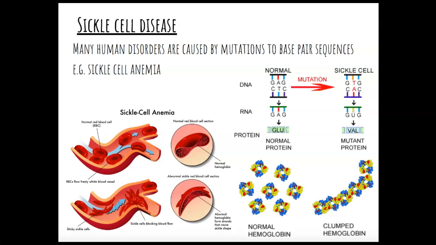So instead of that red blood cell being that nice, soft, squishy donut shape, it's now sort of in this hardened crescent shape. Normal red blood cells are able to squeeze and bounce through your blood vessels with no problem, and therefore they can very easily carry oxygen to different parts of your body.